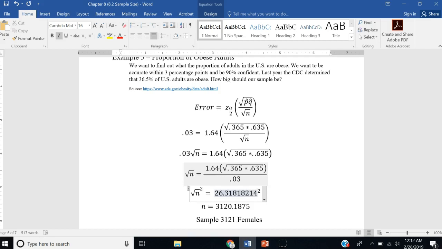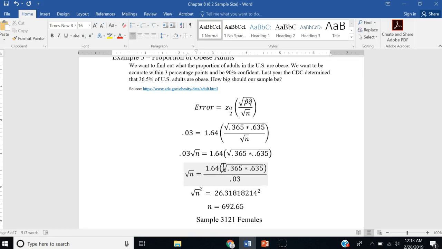Again, I'm not rounding until the very end. I'm squaring that number, and it would say n is equal to 692.6467, etc., etc.